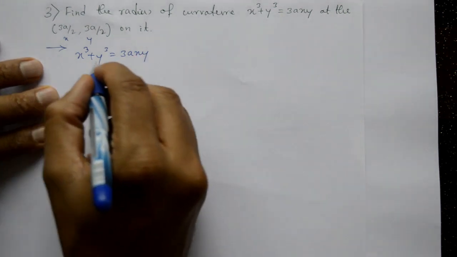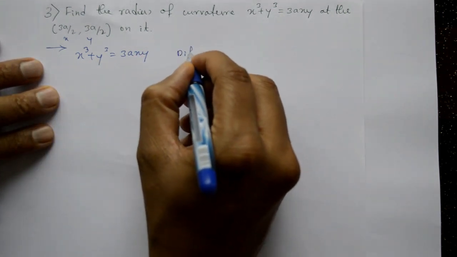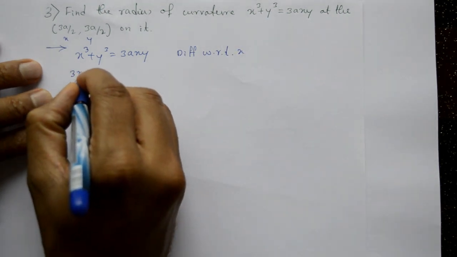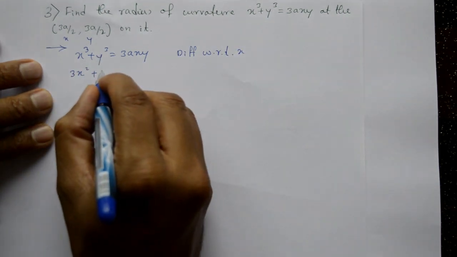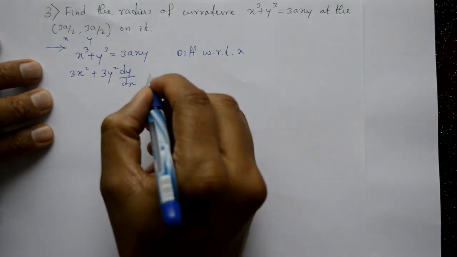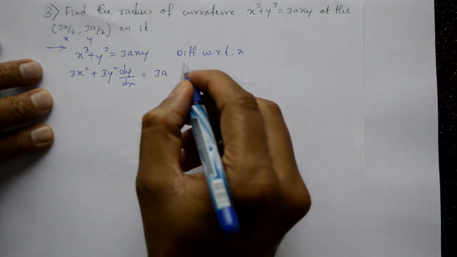Now you differentiate this with respect to x. This gives 3x square, and this is also differentiated, 3y square dy by dx, is equal to 3a, a is a constant.